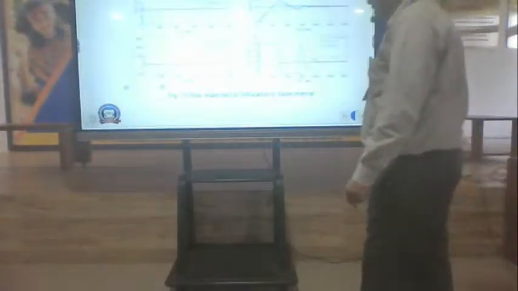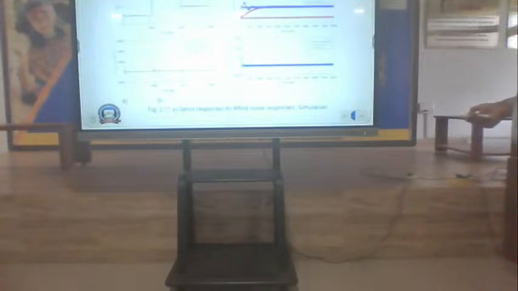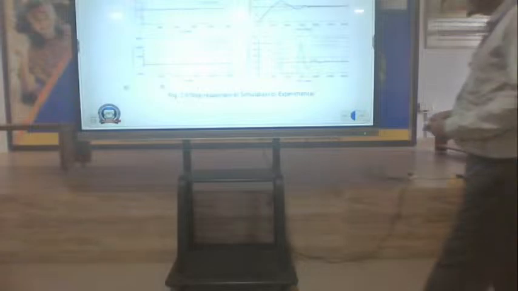You can clearly see in the comparison that the red one is having no peak overshoot. This is the steady state value. From the steady state value, it increased to this value.